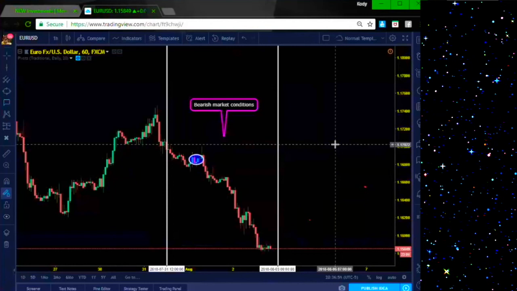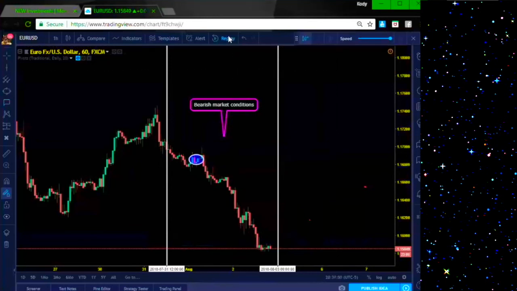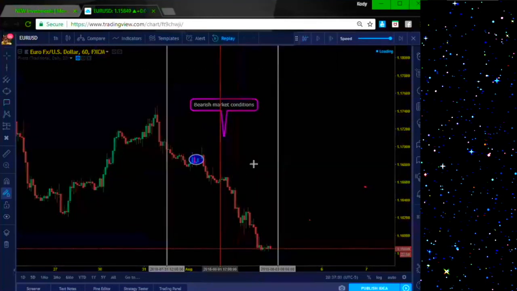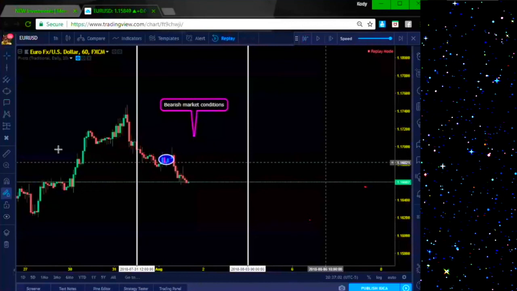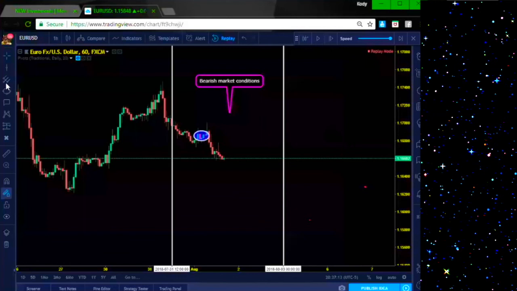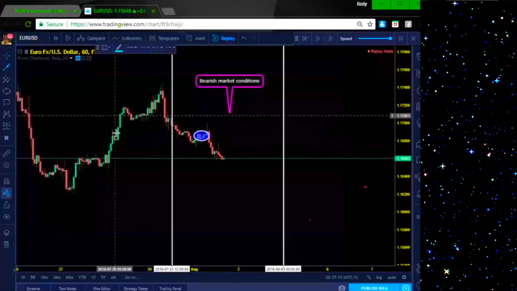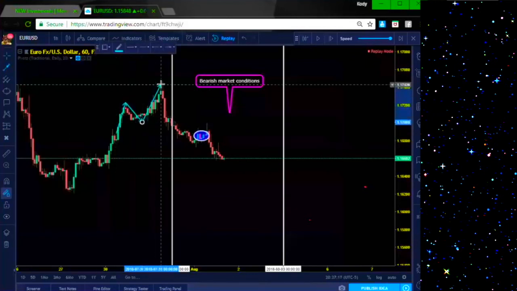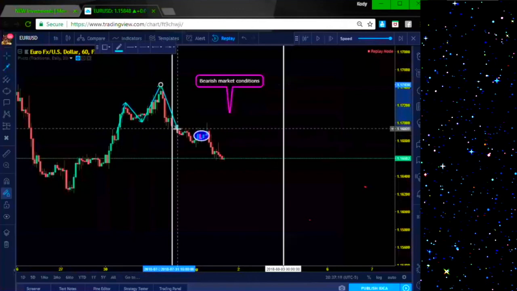What's the problem, guys? So seriously, let me put the replay mode on. Say we just hop in right here. Let's say you open up a chart and you just identify that you're in bearish market structure. What can you do? You don't have to put a single indicator on. You don't have to do a single type of analysis. All you have to do is do some squiggly lines and realize, hey, we're actually in bearish market structure.